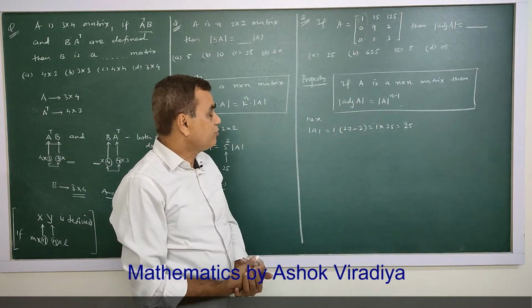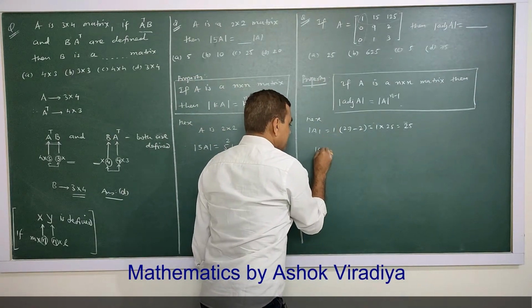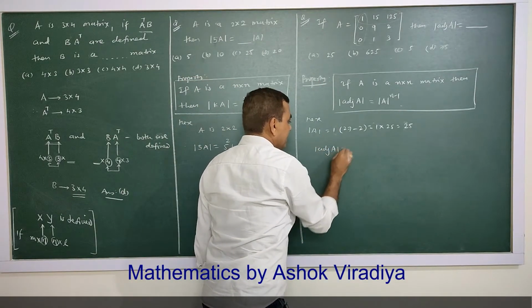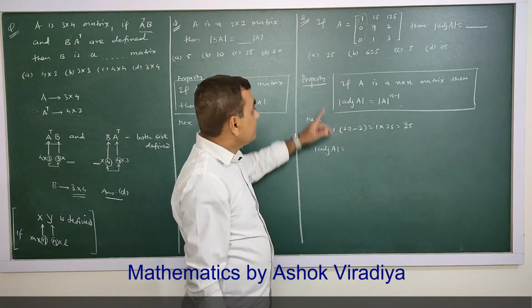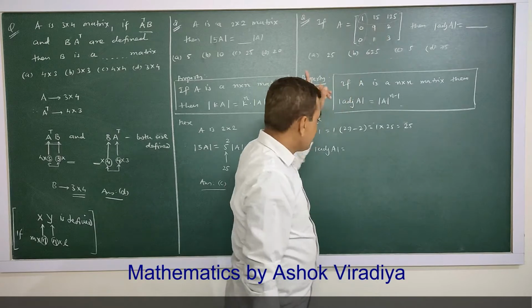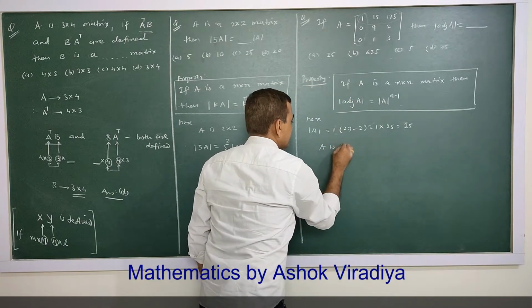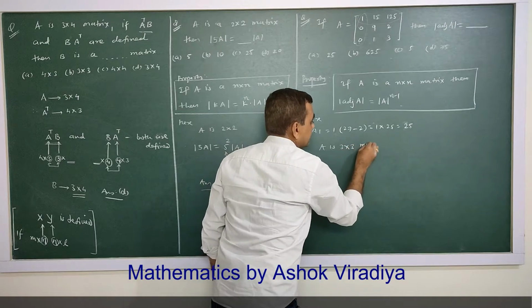Determinant A is 25. Now look, we want determinant of adjoint of A. A is a 3 by 3 matrix.